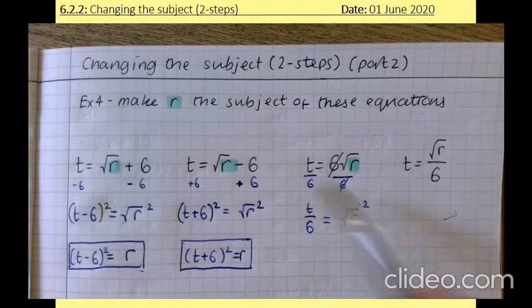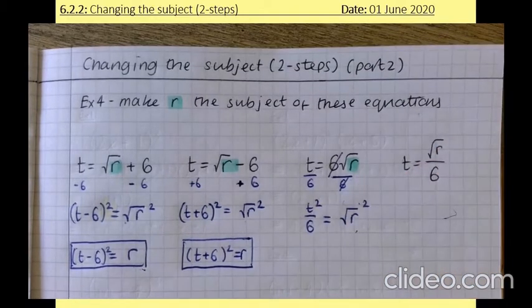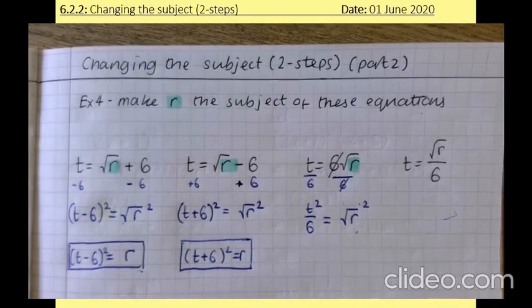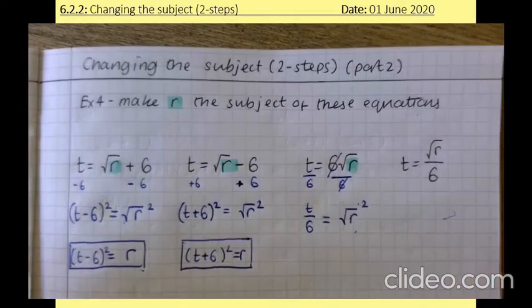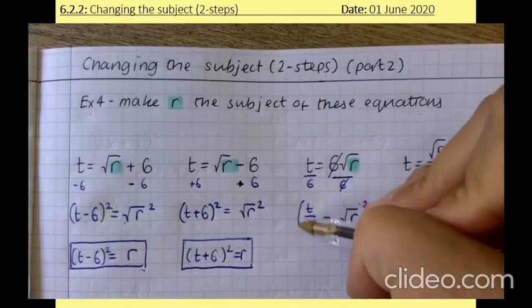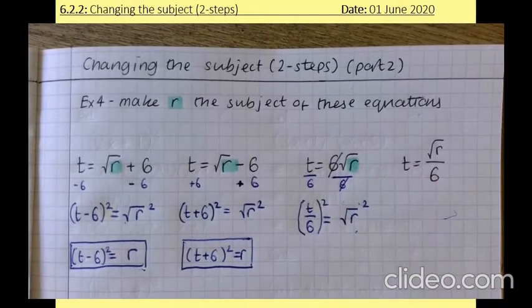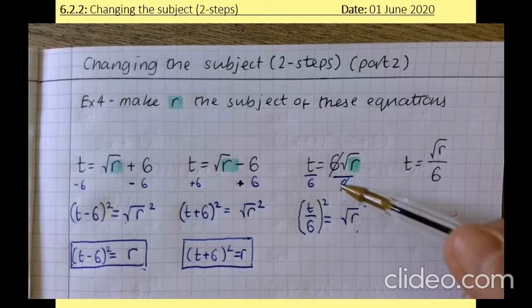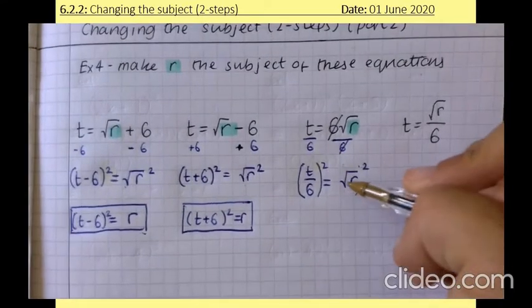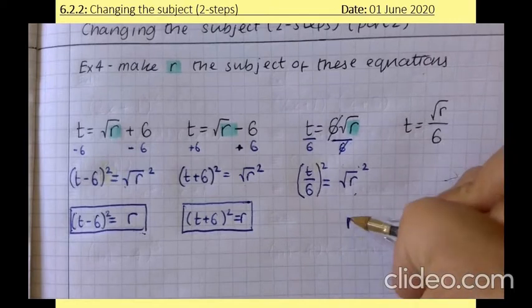But whatever I do to one side, I have to do to the other. I'm not just going to put squared here, because that means that only t is being squared. I need to square everything on that side, and again I'll use brackets. In my next line of working out, the square root of r all squared cancel each other out to give me just r.